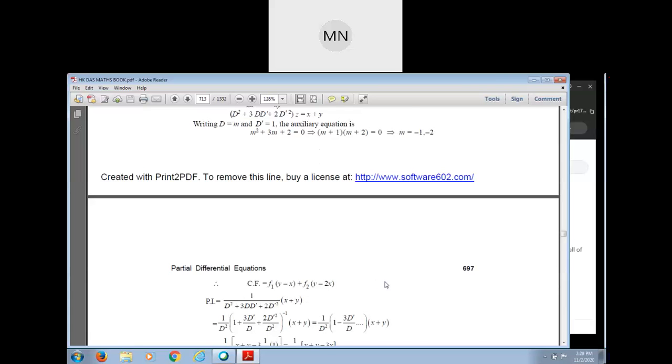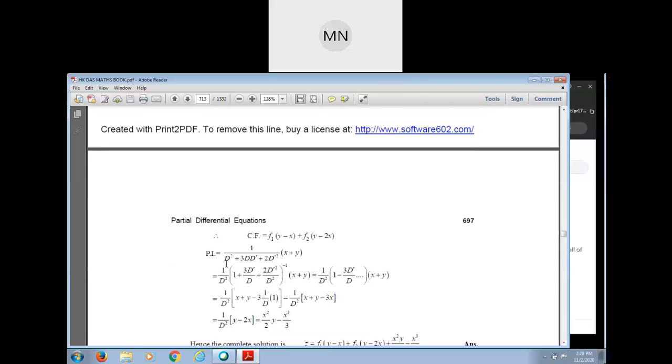Now you have to expand this, because this is like a binomial series. Take common 1 by D square, because you have to write this in the form 1 plus x, so that you can expand it as a binomial series. To get 1, we take common D square.